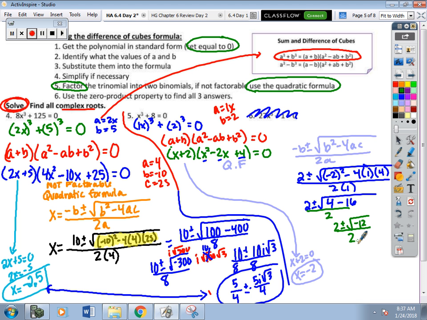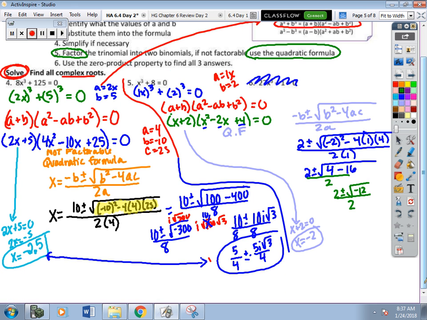Chapter 6 problem with a Chapter 5 problem. So I warned you that here does get a bit challenging. From here you have to simplify just like we did, so this would become i, break 12 into the square root of 4, square root of 3. So this would be 2 plus or minus 2i square root of 3, technically all over 2.